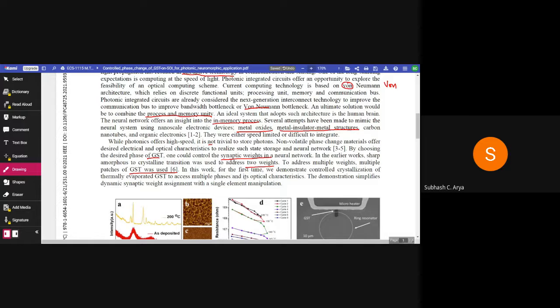In this work, for the first time, we demonstrate controlled crystallization of thermally evaporated GST to access multiple phases and its optical characteristics. The demonstration simplifies dynamic synaptic weights assignment with a single element manipulation.